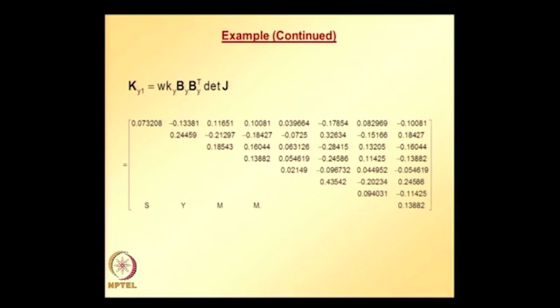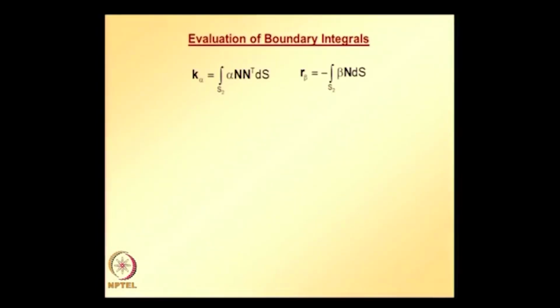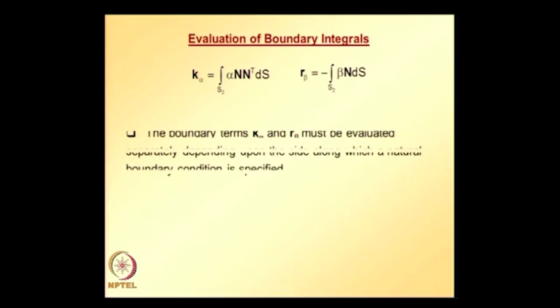So now let us discuss boundary integrals. Once again these are the two boundary integrals. If you look back at the element equations, these are the two boundary integrals. The boundary terms k alpha and r beta must be evaluated separately depending on the side along which the natural boundary condition is specified.